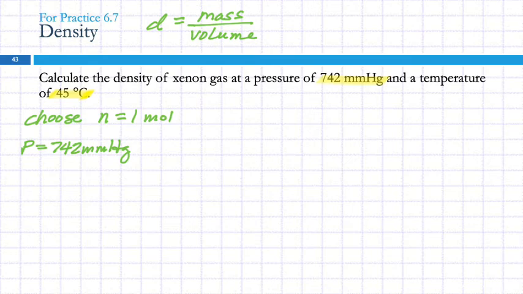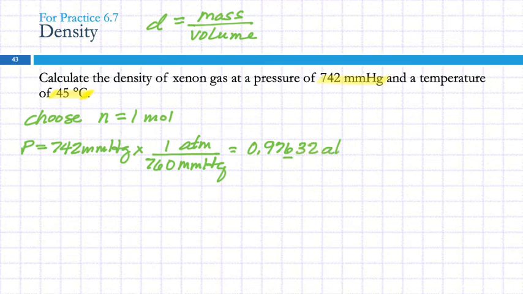No, it's got to be atmospheres. So we need to convert this to atmospheres. We end up doing this so much. So 742 divided by 760. 0.97632 atmospheres.